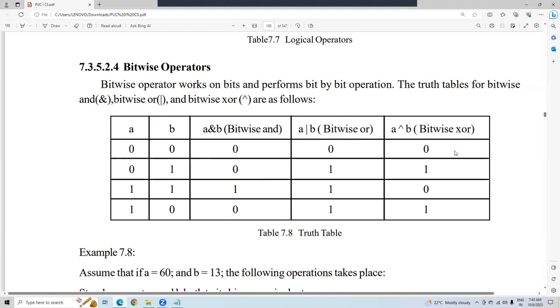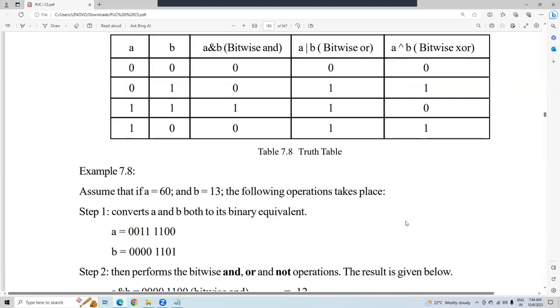A XOR B means 1. When both are 1, bitwise AND and OR give you 1. XOR gives you 0. When first one is 1, second one is 0, same result. First one is 0, second one is 1, then XOR will be 1.